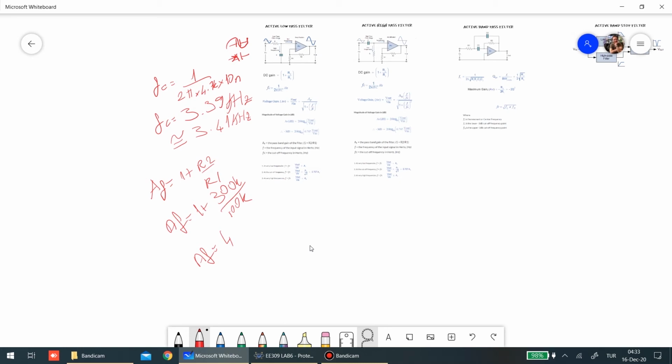Now AV is equal to 4 over square root of 1 plus the square of F over FC, where FC was equal to 3.41 kilohertz.